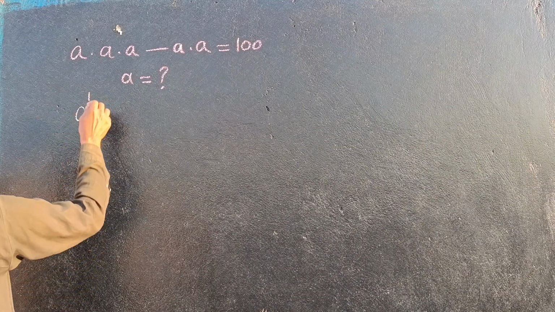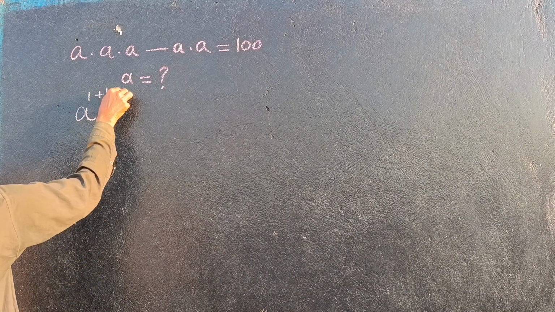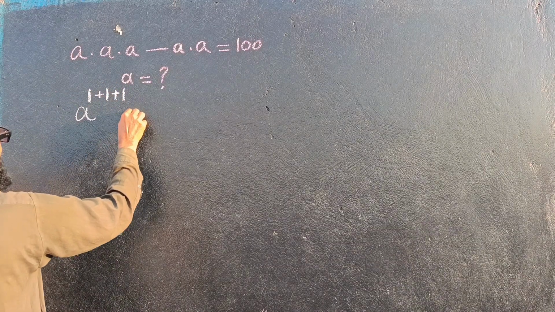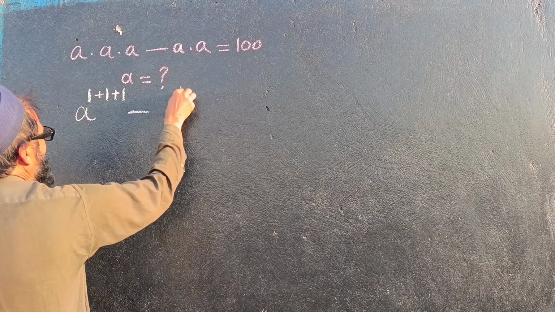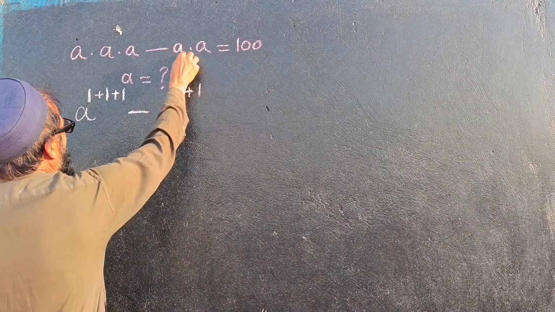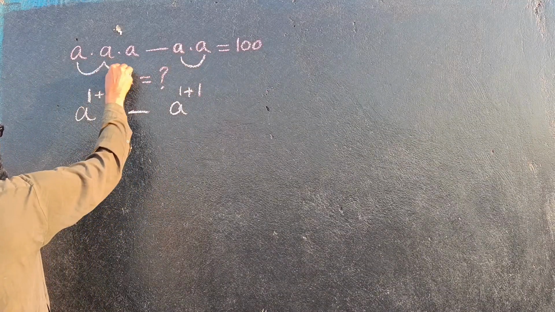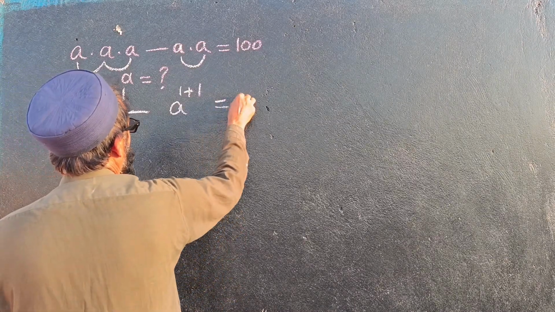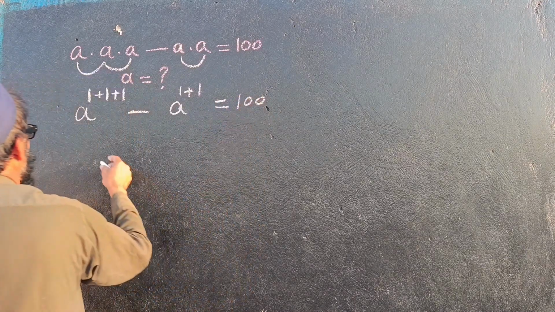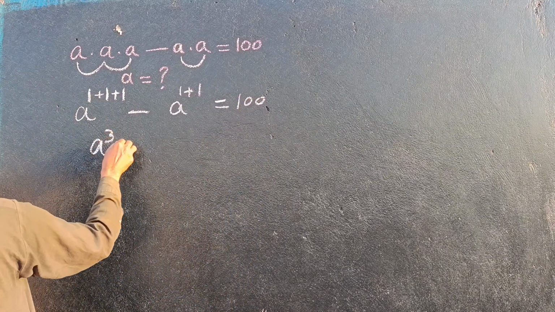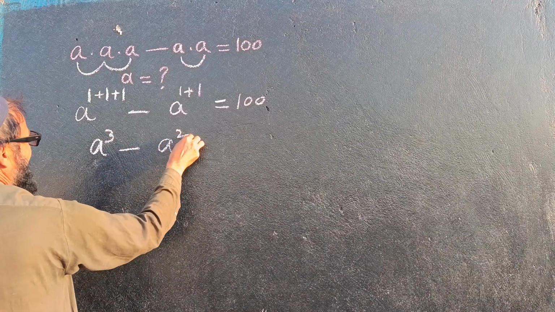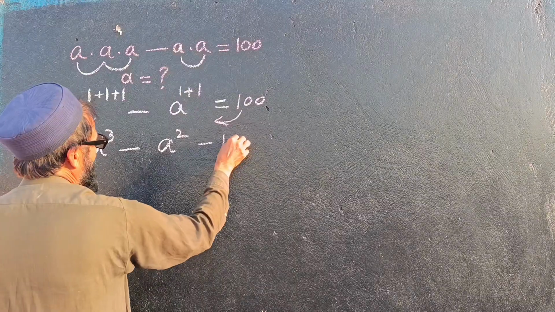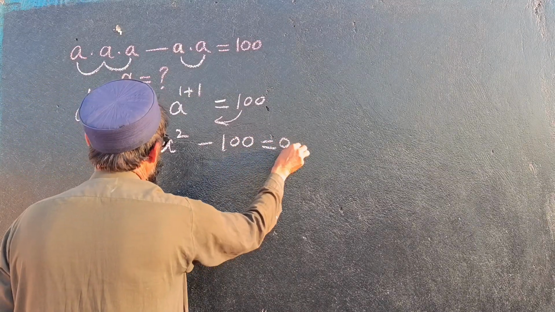We take only one base and add their powers, and here also we add their powers because the bases are the same, equal to 100. We get a cube minus a square is equal to 100, and we transfer this to the other side, so we get 0.